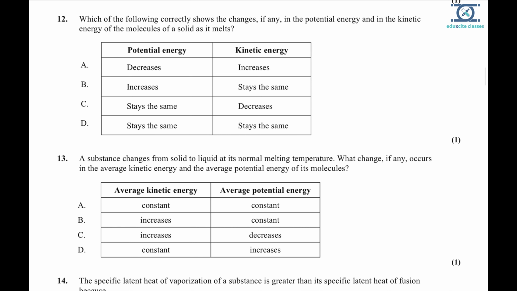Now question number 12. Which of the following correctly shows the changes, if any, in the potential energy and in the kinetic energy of the molecules of a solid as it melts? So we know that when the solid is melting, there is no change in temperature. Please remember, whenever there is a change in phase, no change in temperature takes place. If there is no change in temperature, it means no change in kinetic energy, because they are directly proportional.